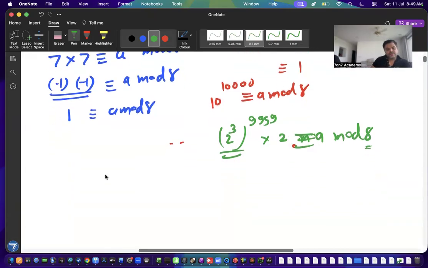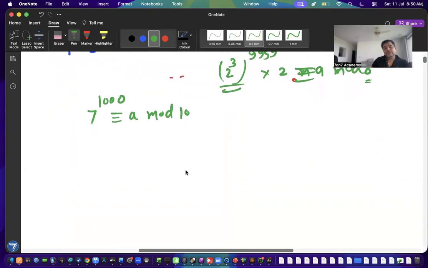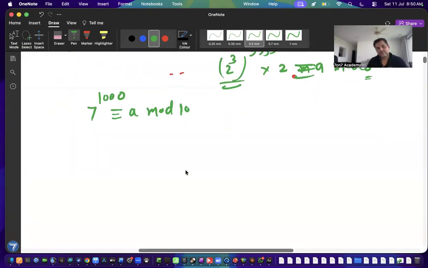Okay. What if I have 7 raised to 10,000 and I'm asking what is this mod 10? Because I'm asking you the unit digit of it. What will you do? I think it's 0 only mod 10.